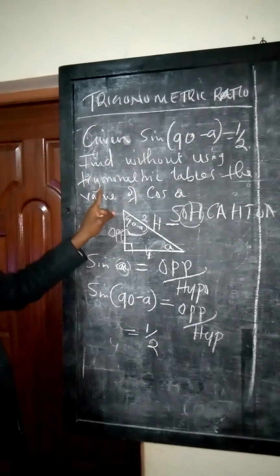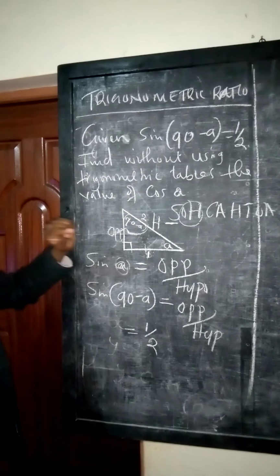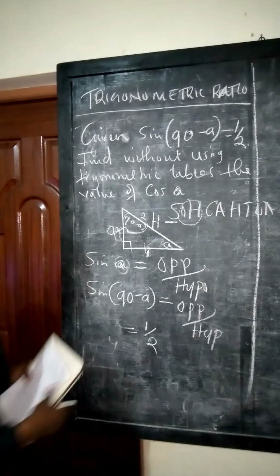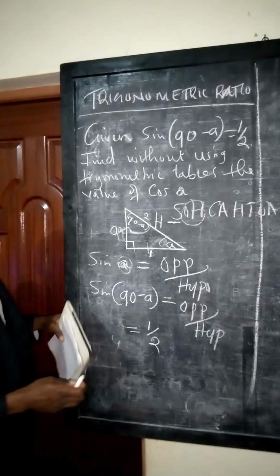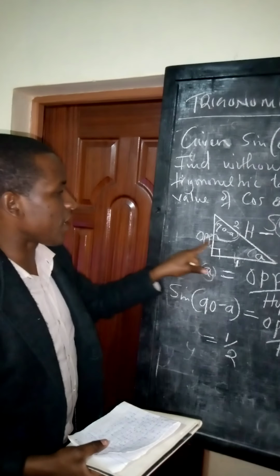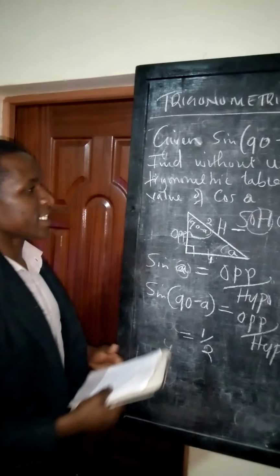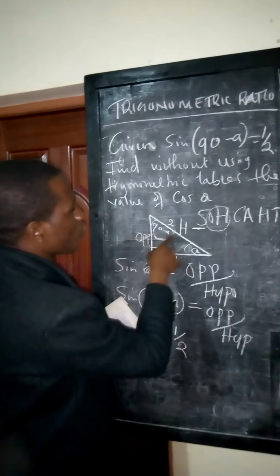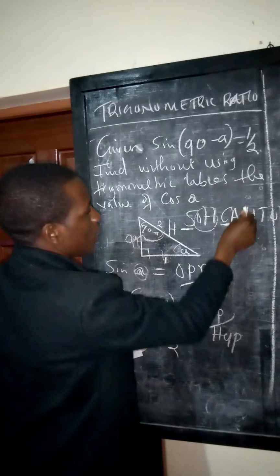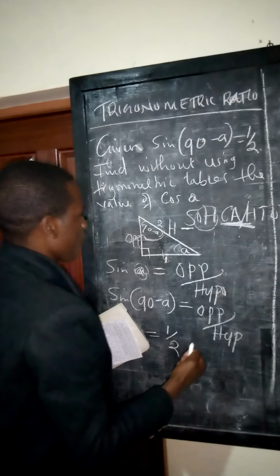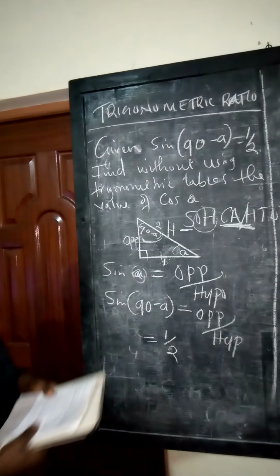Then the question is to find cos A. We should find cos A by finding adjacent over hypotenuse, because cos theta is equal to adjacent over hypotenuse.